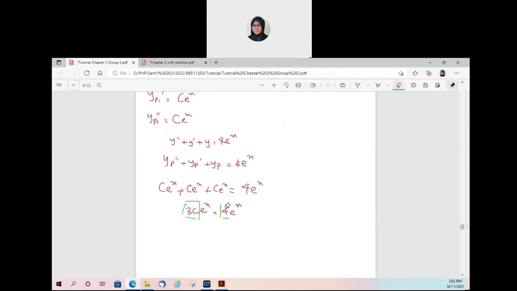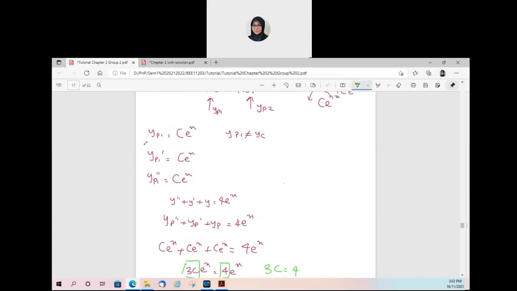Betul tak? 3C equals to 4. Okay, so here we have 3C equals to 4 and C equals to 4/3. Then kita masukkan this C inside this YP.